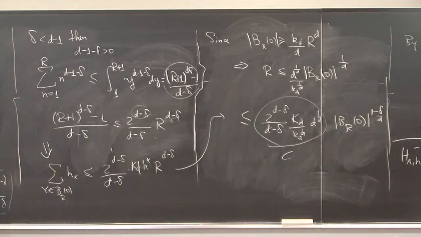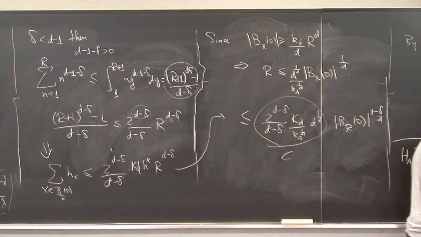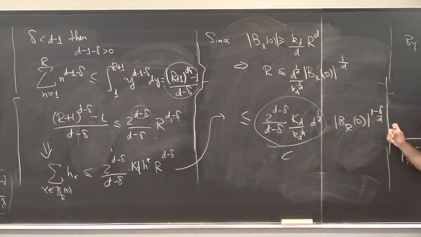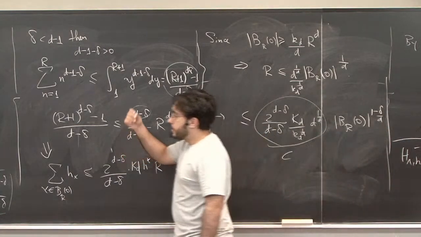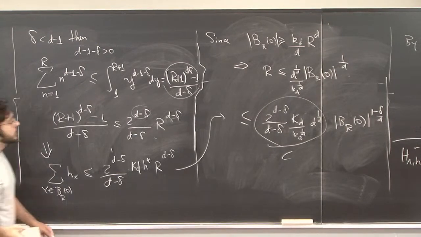So we know the statement for balls, and I stopped last class last week showing how a bound for balls can be translated to a bound for any finite set. So what you will do is the following.